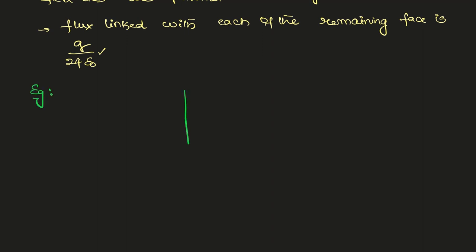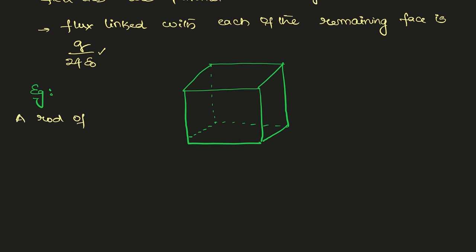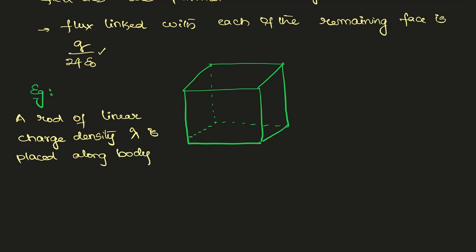So there is a cube, and a rod of linear charge density lambda is placed along the body diagonal of the cube.